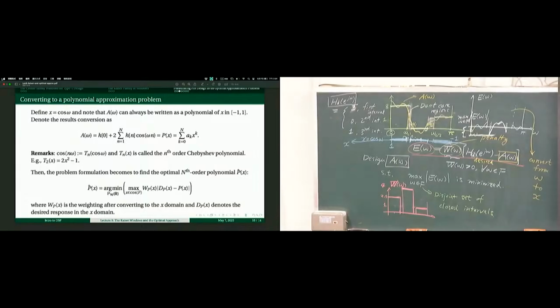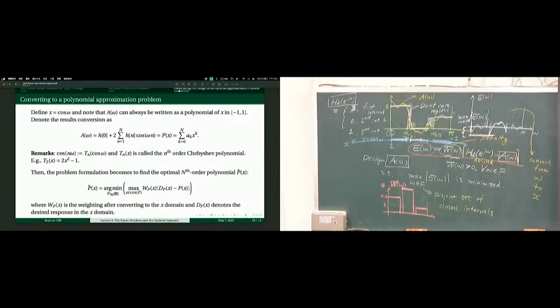And an eighth order polynomial may have 1, 2, 3, 4, 5, 6, 7 extrema. Am I correct? Could an eighth order polynomial have 7 local extrema? Possibly. Did you get the feeling that we are seriously fitting a polynomial? Now the entire filter design problem becomes fitting a polynomial.